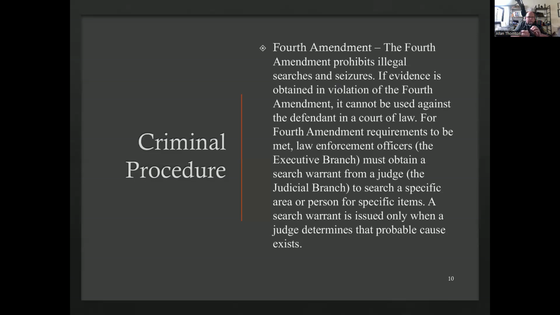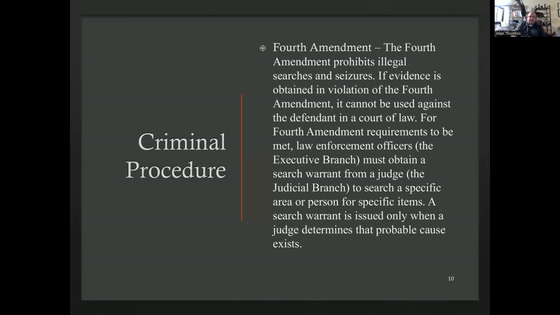But then you can also have a search based upon probable cause. A law enforcement officer pulls you over for speeding or whatever, and they see an open container of alcohol in your car. They have probable cause to search your car. If they smell a distinct smell like marijuana, they can ask you to step out and claim probable cause to search.